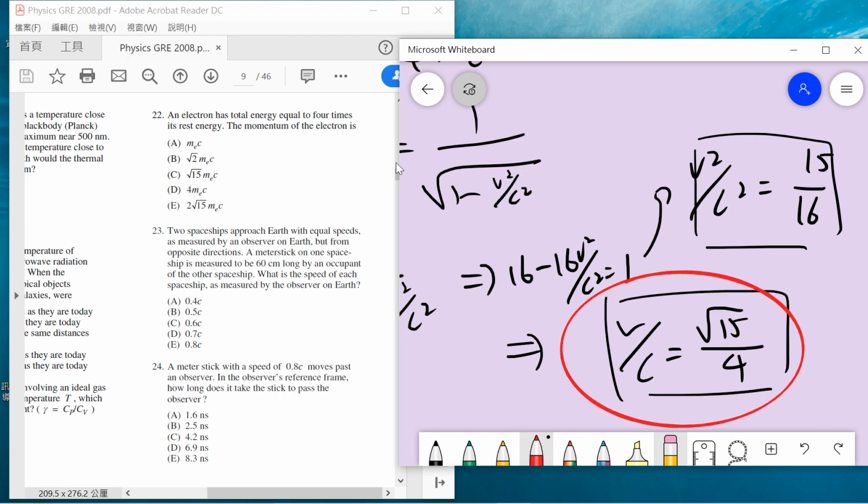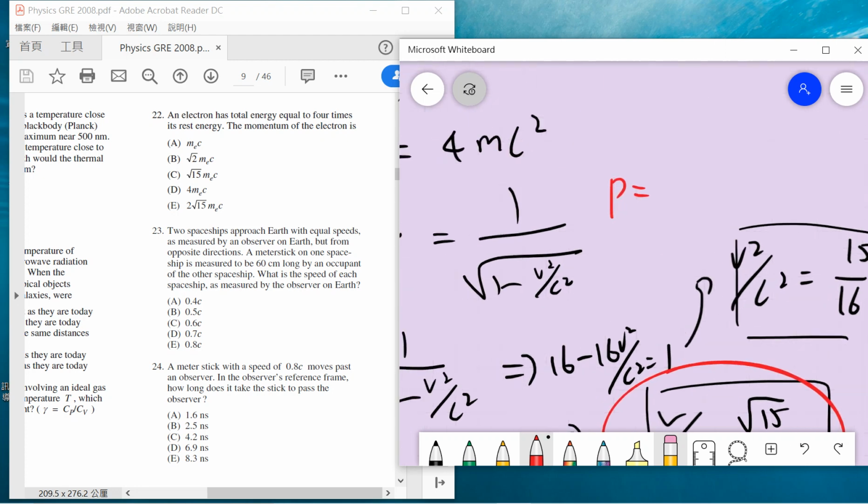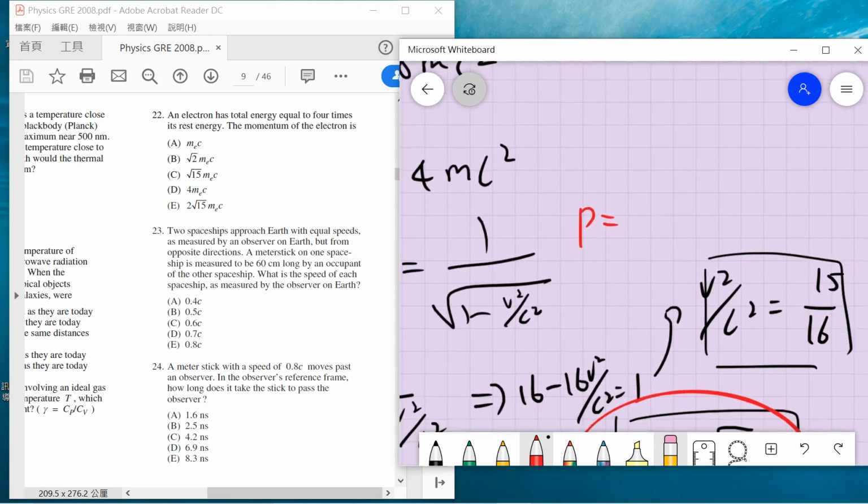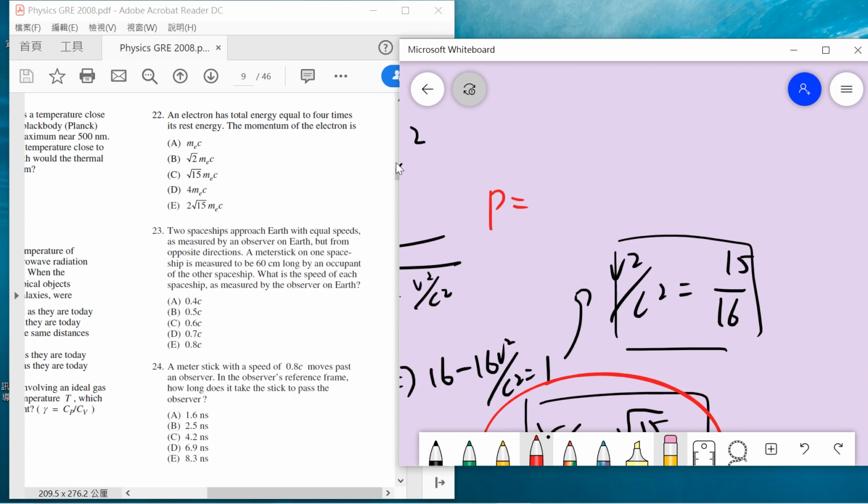Okay, so for the momentum, there are multiple ways, but we can use this way. The total energy squared E squared is p squared c squared plus m squared c to the fourth.